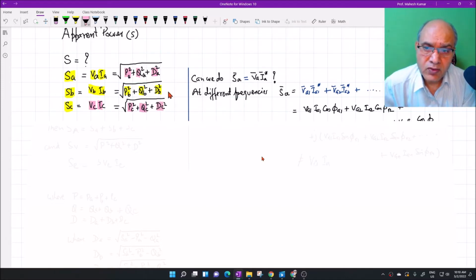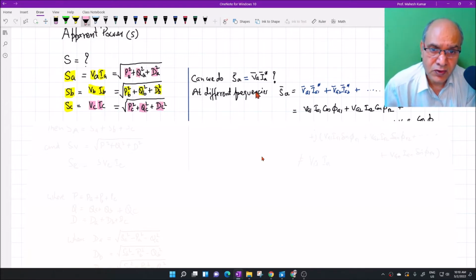You may have doubt that for this case, can we find out SA bar equals VA into IA conjugate? You cannot use this expression because VA consists of many harmonics. VA consists of fundamental, second harmonic, third harmonic and so on. So phasor of voltage A exists at different frequencies.